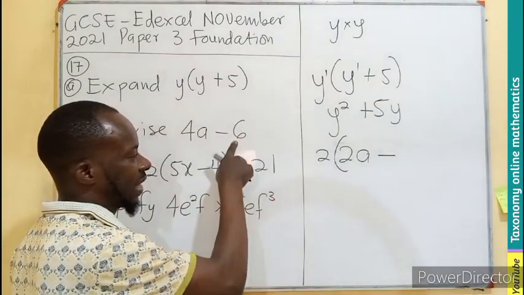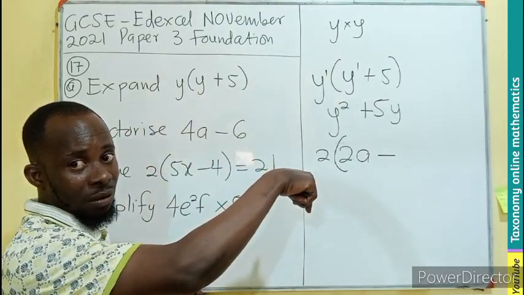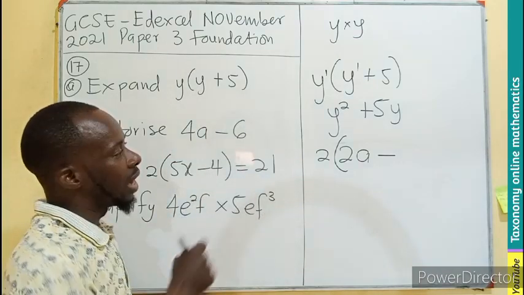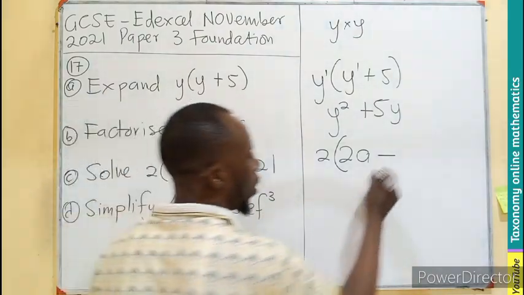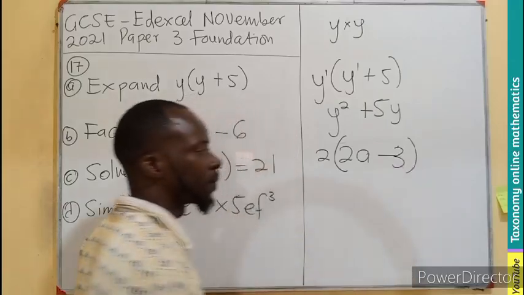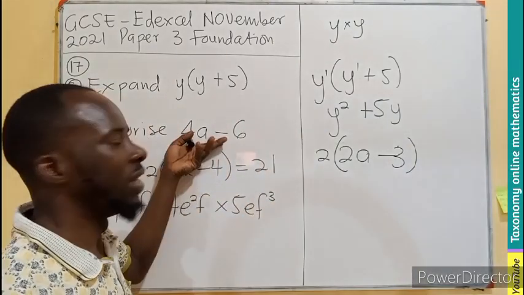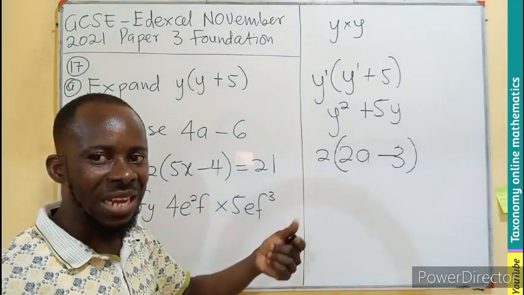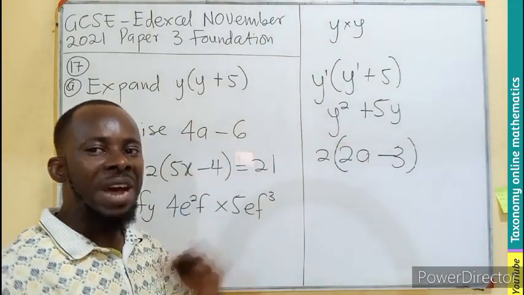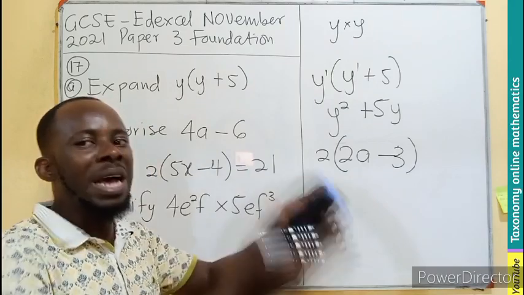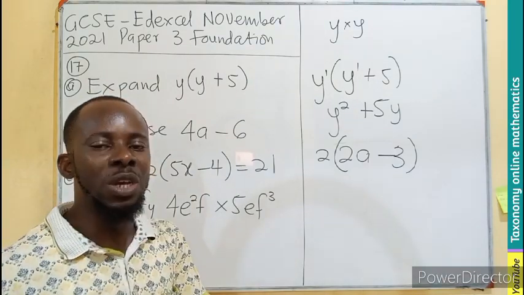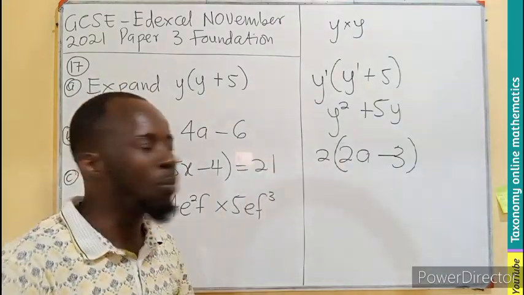When we divide 6 by 2, we have 3. So simply put, this is the factorized version of this. Don't forget, factorization and expansion are vice versa. So we can expand to get to a point, and you can factorize to get back to that point.